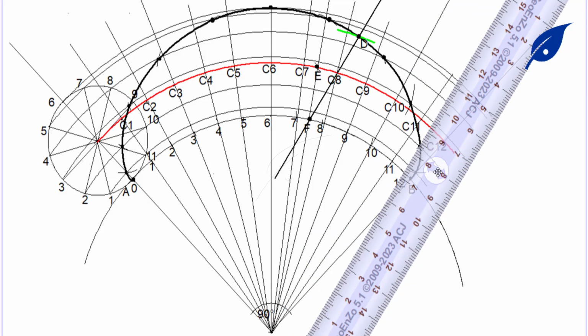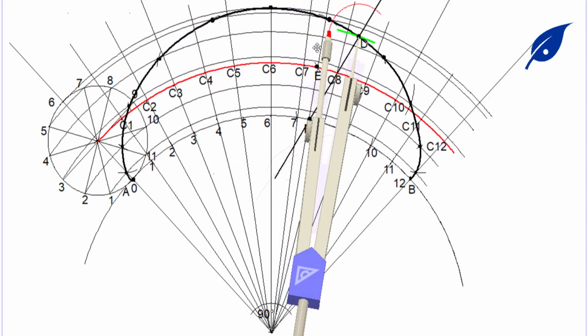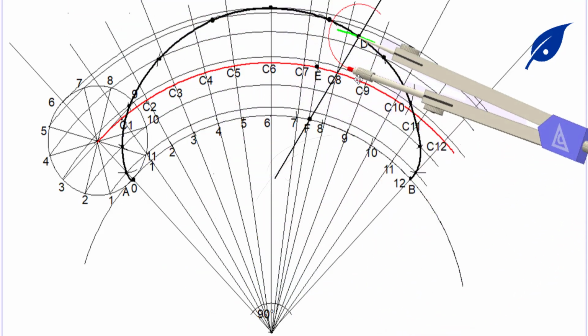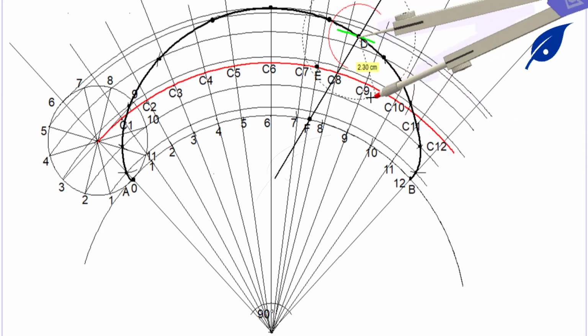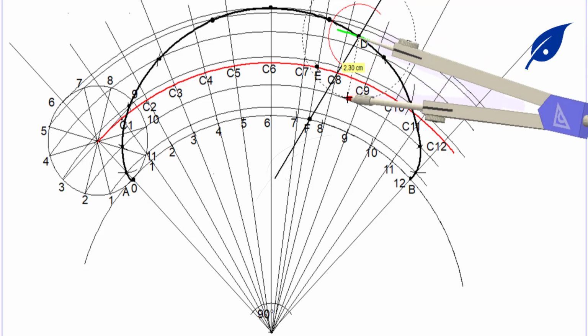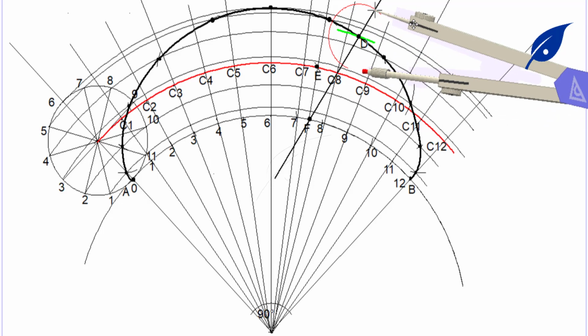After drawing this line, at the point D where this normal meets, we are going to construct an angle of 90 degrees there. This way we describe this arc, then we describe the other arc so that we can get the angle of 90 degrees.